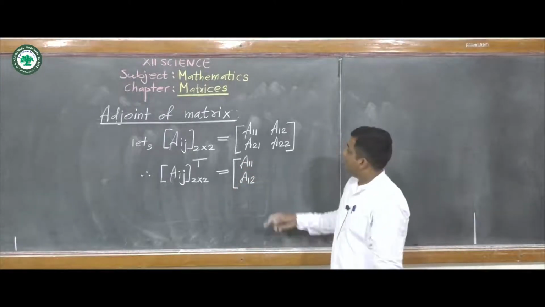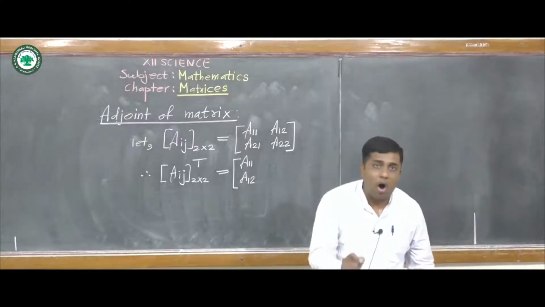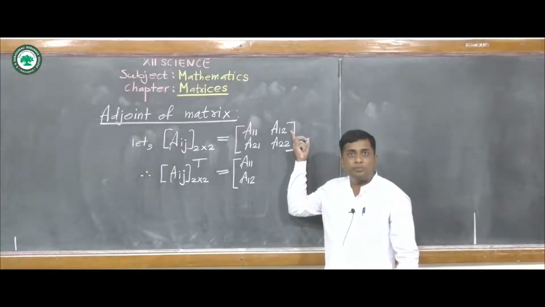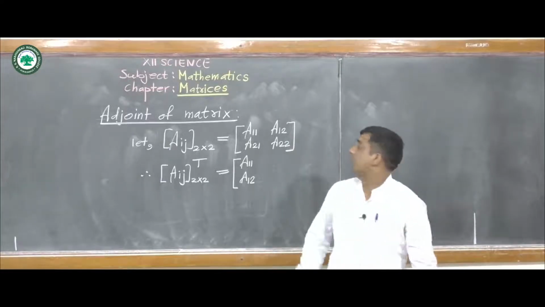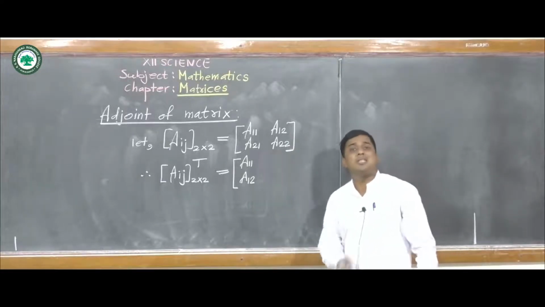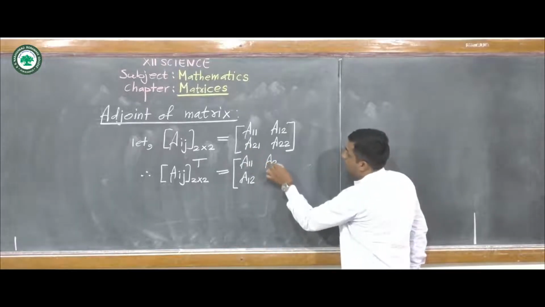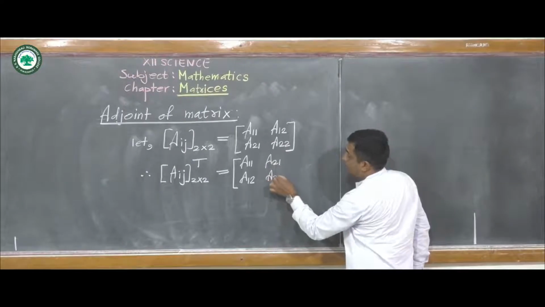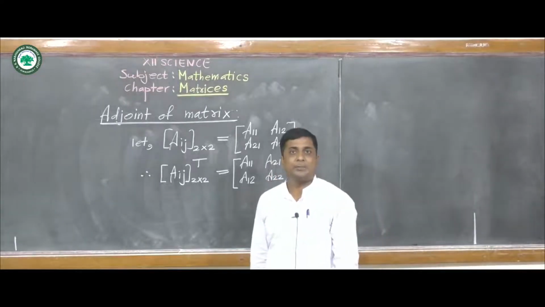That is, we replace our first column by the elements of the first row. Then to define the second column, we consider the elements of the second row, A21, A22. So this is the transpose of the given matrix.